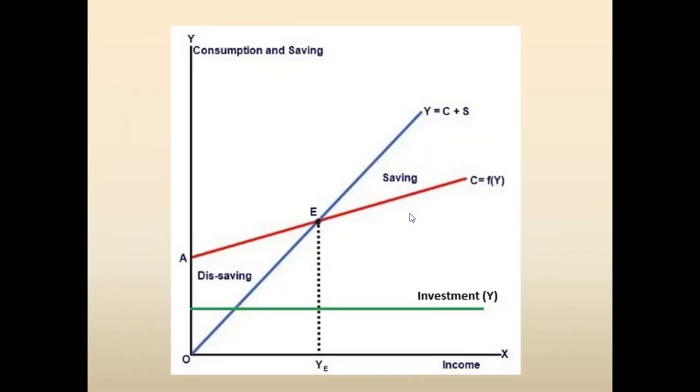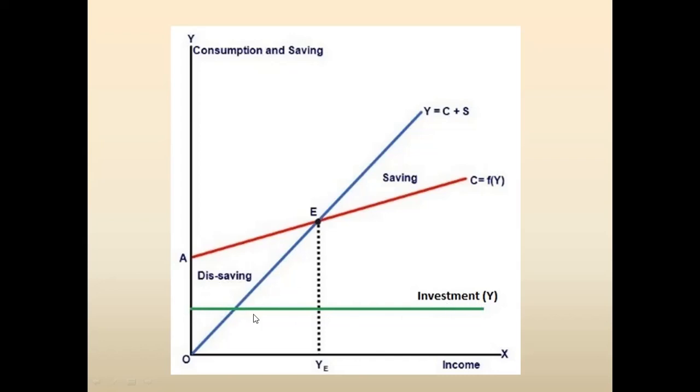We can see in this particular picture, this is your autonomous investment. This is your horizontal line. This is your autonomous investment, because at any level of income, be it 0 or 1, 2, 3, whatever, let us assume that this is your level of investment.